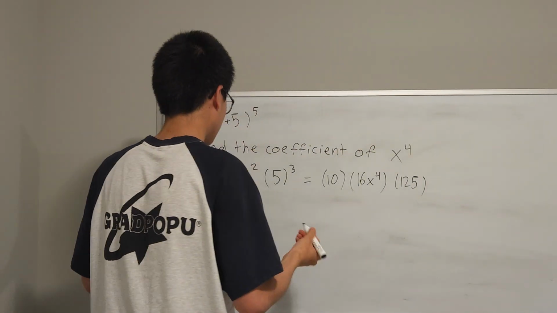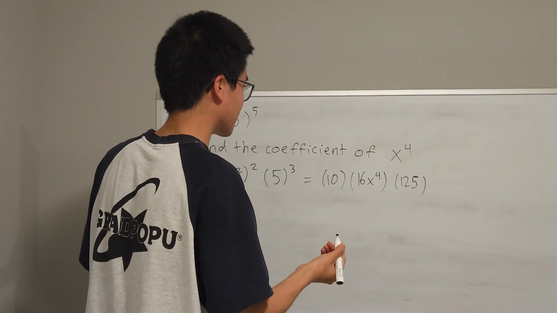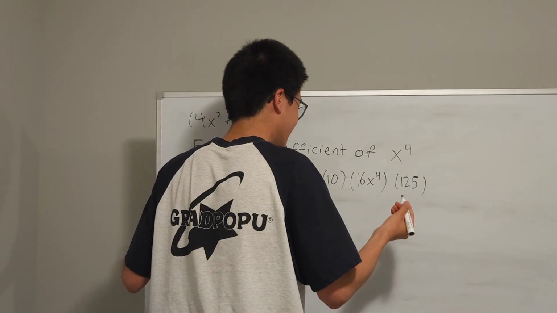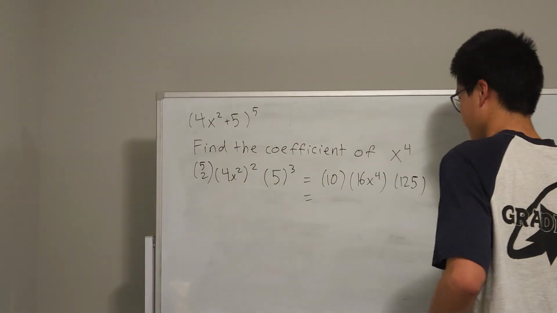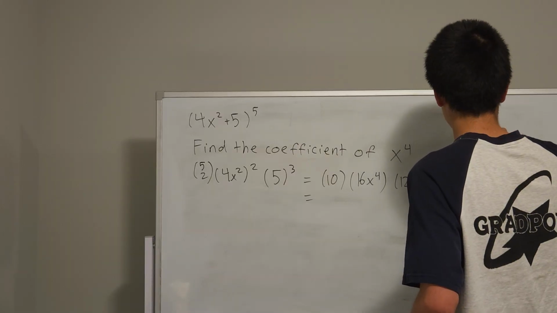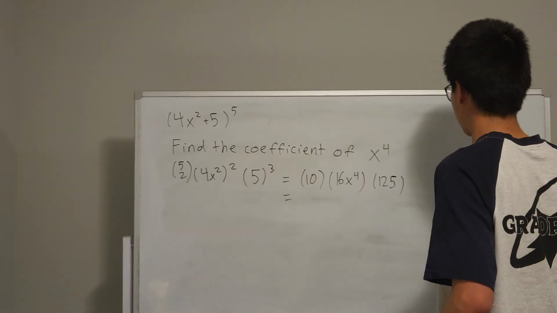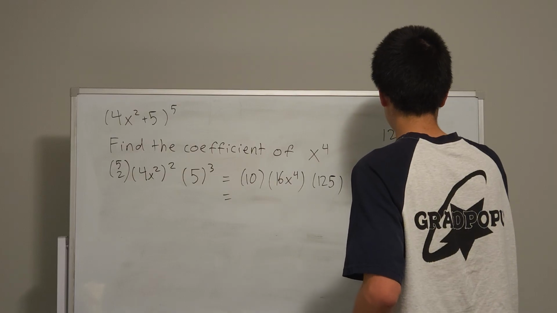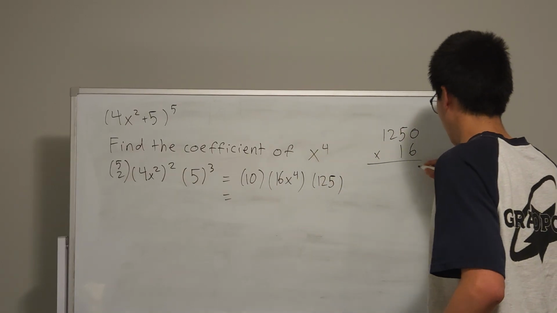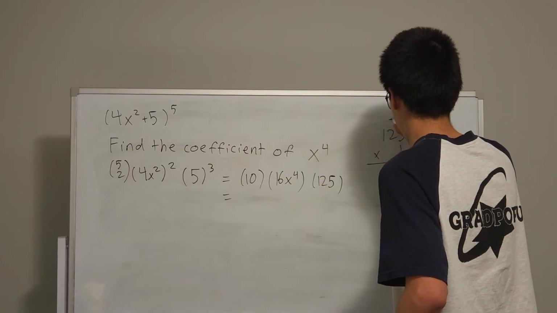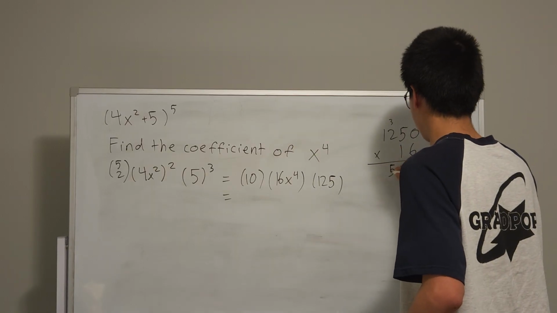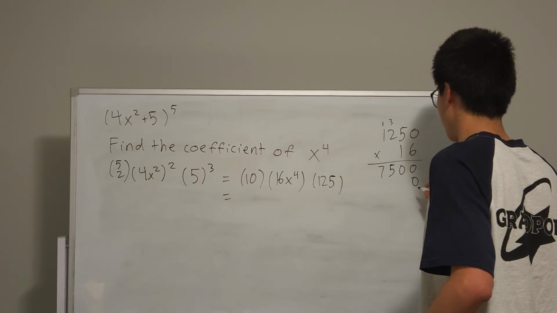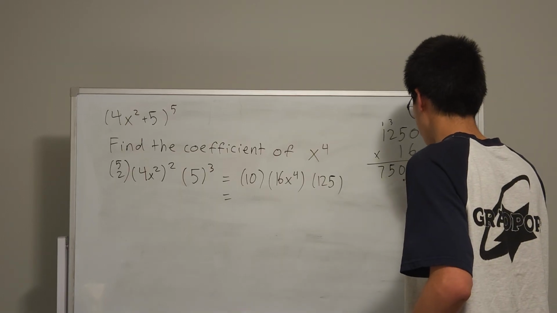Oh, seems like I didn't give myself very nice numbers. Hold up, this will not come straight to my head. Okay, for practice, I'll just multiply this out. So 125 times 10 is 1250. I want to multiply by 16.